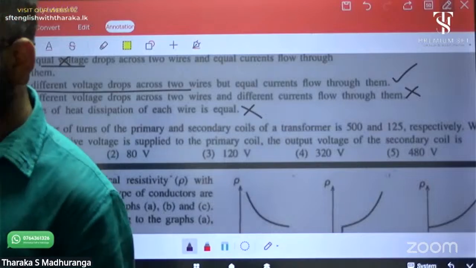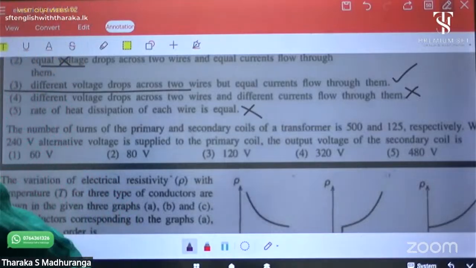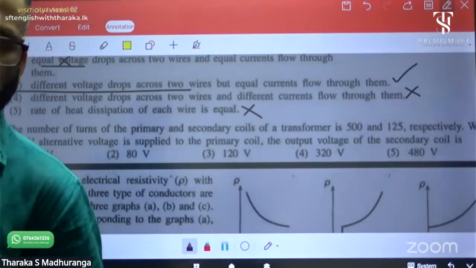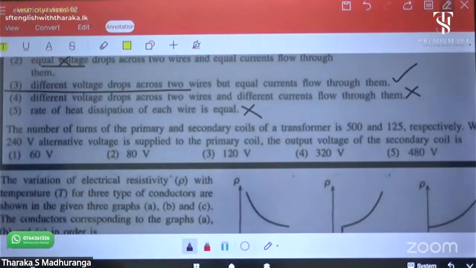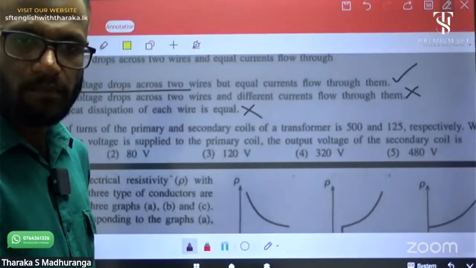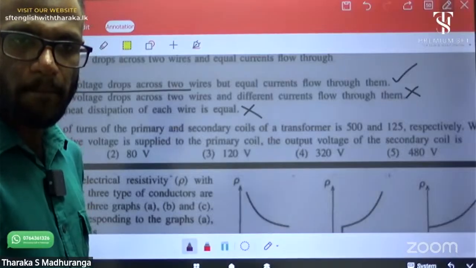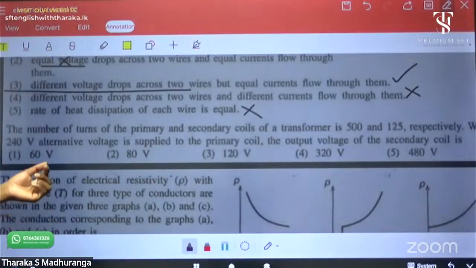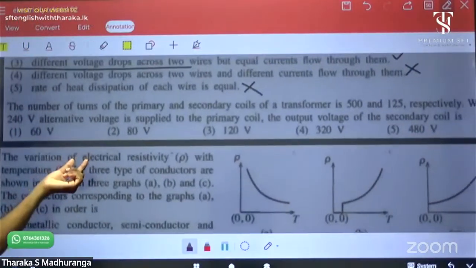Fatima, Tihini, correct? Good. Tanya, Harid? Okay, question 2.